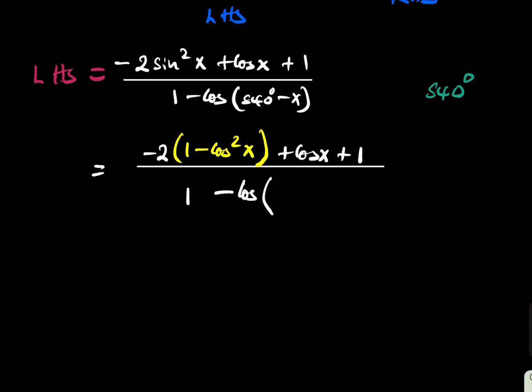By that, I mean the complete revolution from that to that is going to give you 360 degrees. So now, if you are to get to 540, it's probably in your second quadrant.